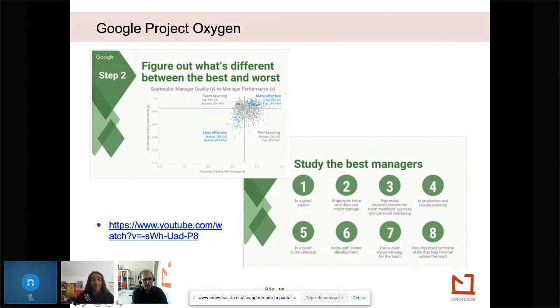Actually, the European Union 3 months ago started to create the first law about how to use AI with ethics. And one of the use cases that they consider really red, I mean really important, that has to be scrutinized and analyzed, is the recruitment process.